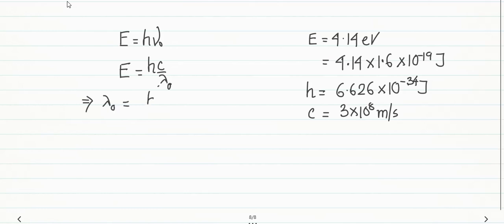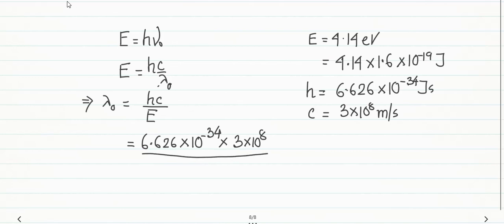Lambda naught equals hc divided by capital E. So 6.626 multiplied by 10 to the power minus 34, c is 3 into 10 to the power 8, and the value of E is 4.14 multiplied by 1.6 into 10 to the power minus 19.